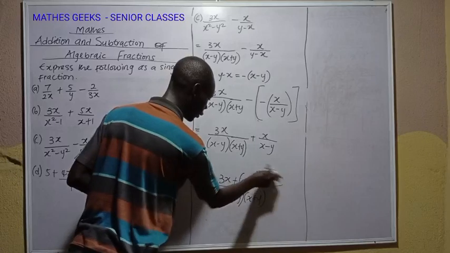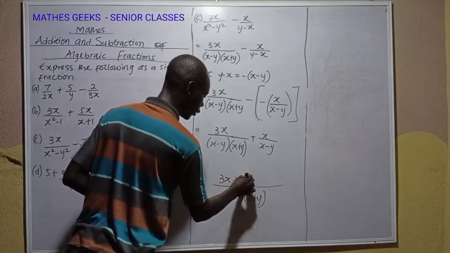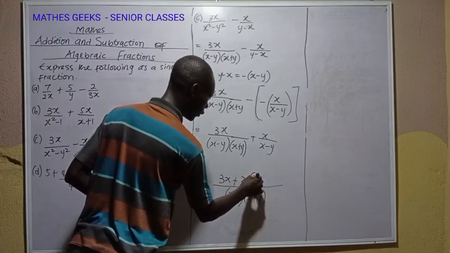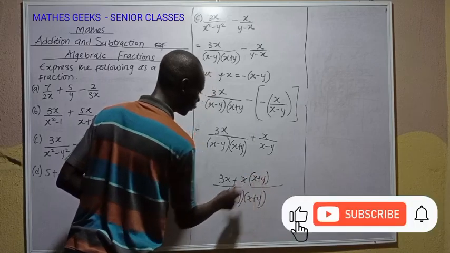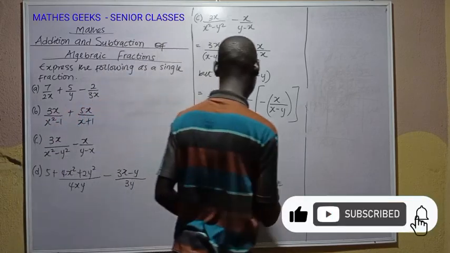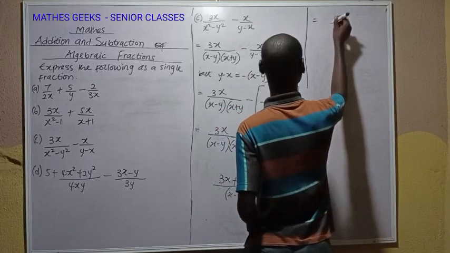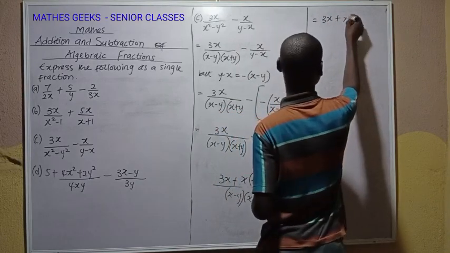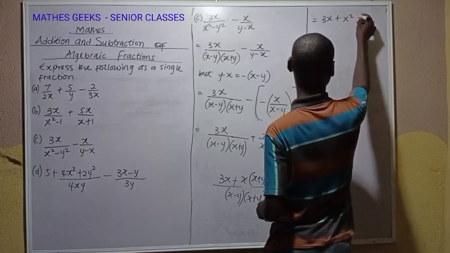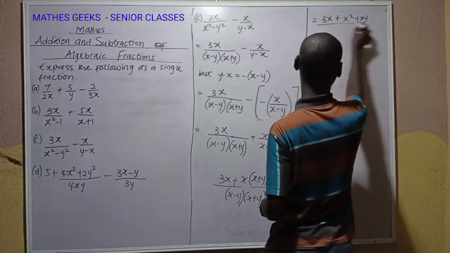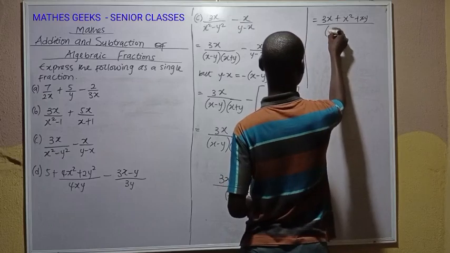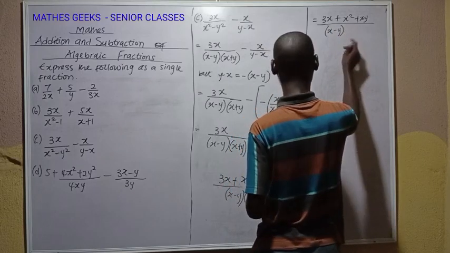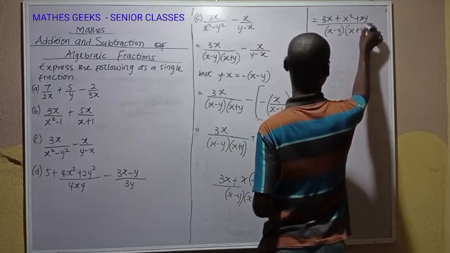Let me write it: x times x plus y. So we're going to expand. This is equal to 2x plus x times x is x squared plus xy over x minus y and x plus y.